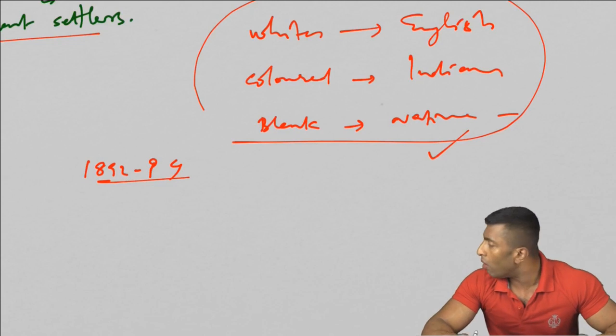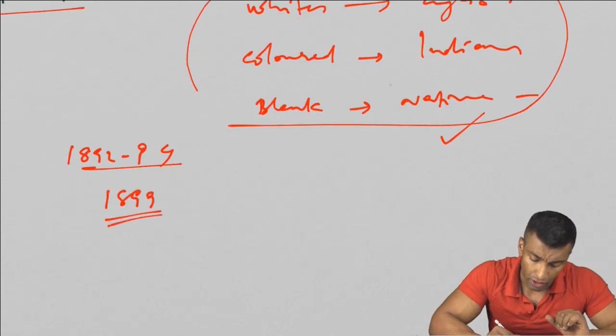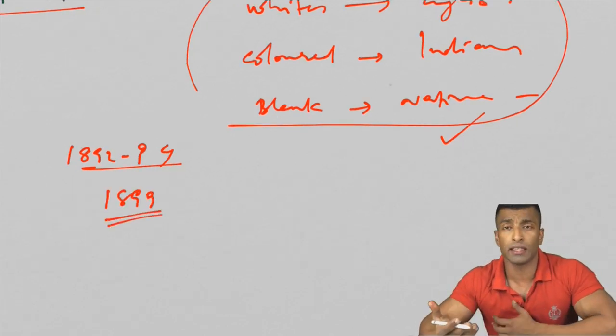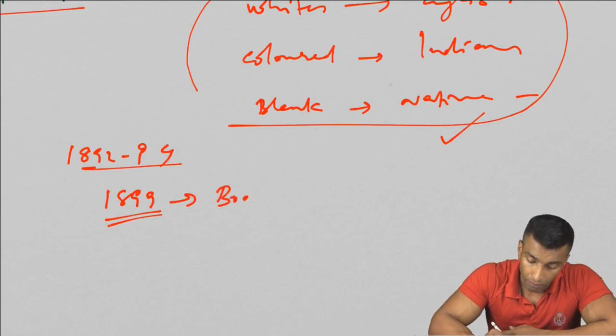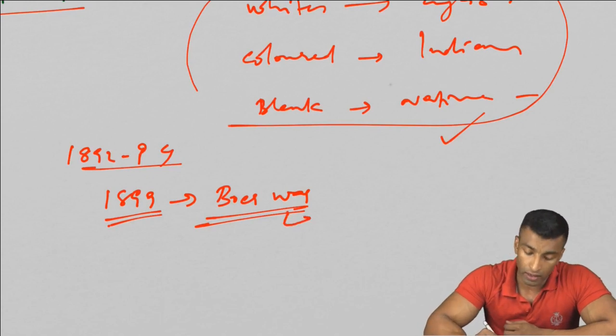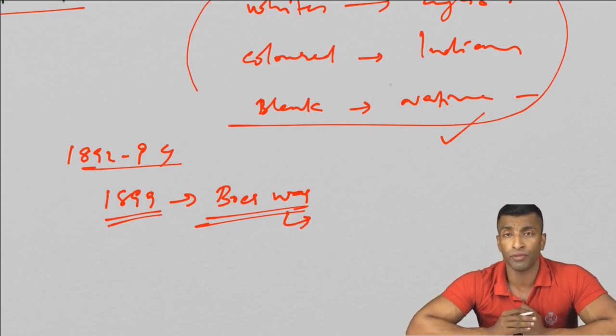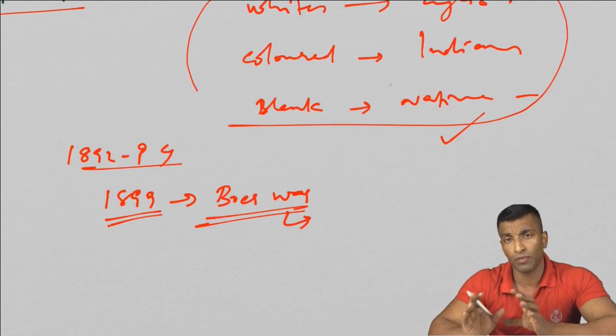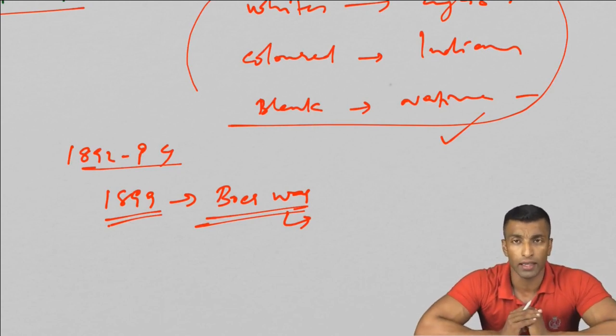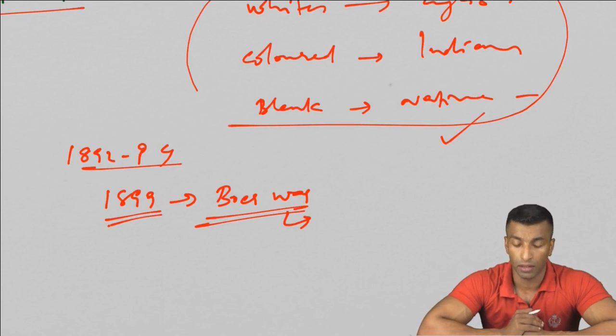In 1899, something very important that you may need to study separately also is related to the Boer Wars. This war was between native South Africans and South African tribes against the English, or the British. And Gandhi actually supported the British during this war.